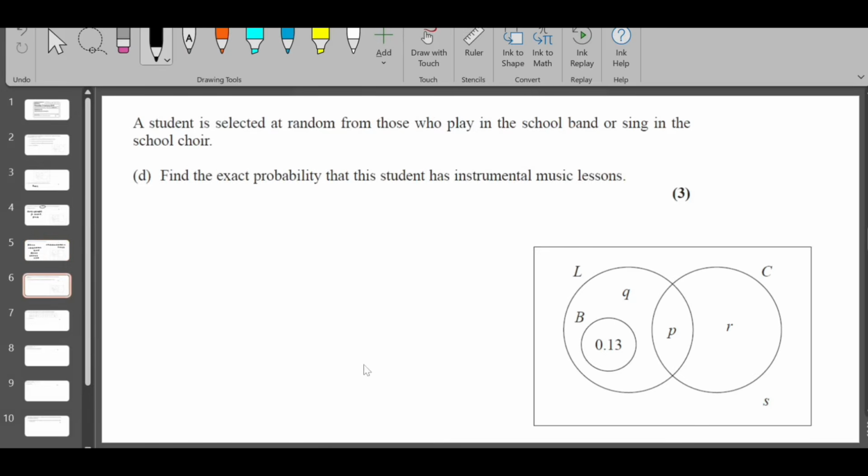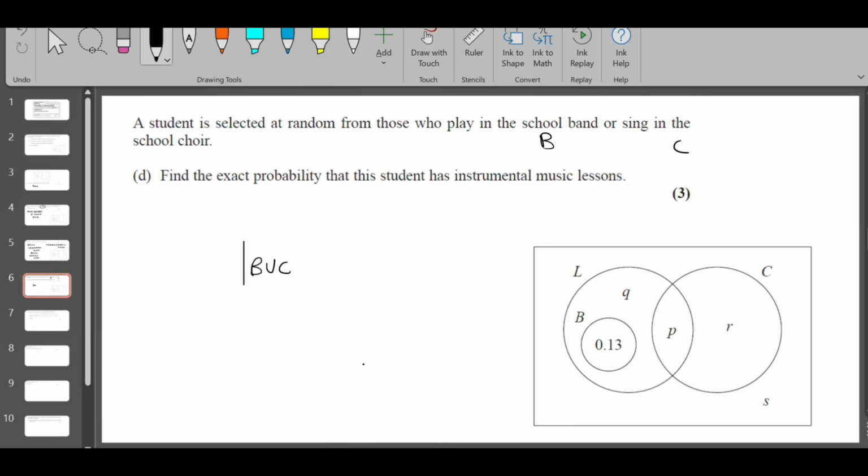Part D now. A student is selected at random from those who play in the school band or sing in the school choir. So band is B, school choir is C. A student is selected from B or C. That's B union C. That's a condition.